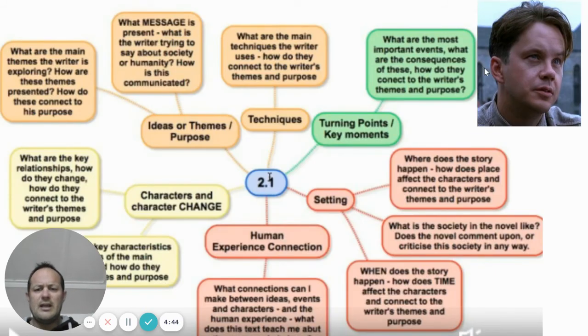Now, this is a key thing that we need to look at here. This is what I was talking about. We've got all these little things around the wheel: the human experience, connection, characters and character change, setting, techniques, turning points, key moments, ideas, themes, purpose.